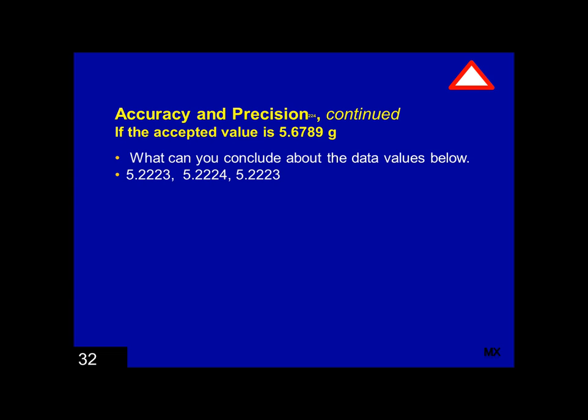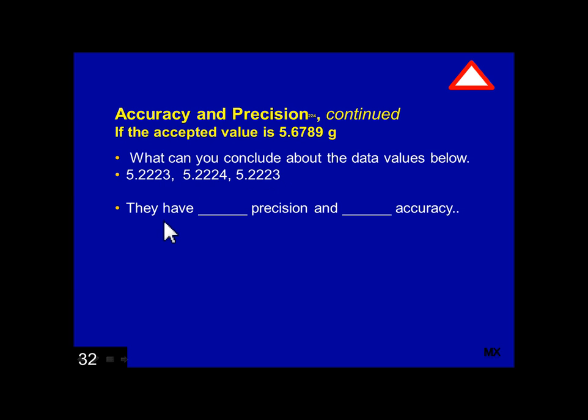Frame of reference is important. So remember, when we measured something with the triple beam balance, we had the first decimal point. We expect that to be the same, the second decimal point to be the same, and the third was our estimation. So if we're determining that these numbers are precise, then the first two decimal points should be the same. And look, 5.22, 5.22, 5.22, and the next one could be the same or could be different.